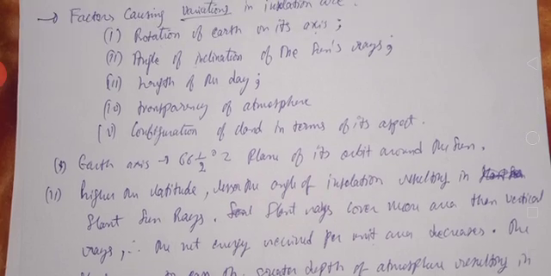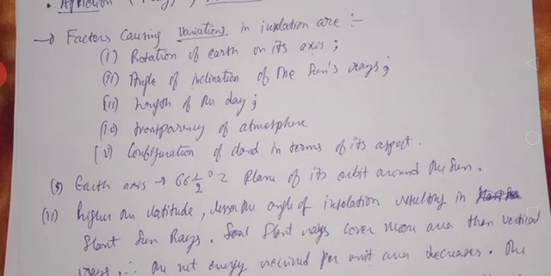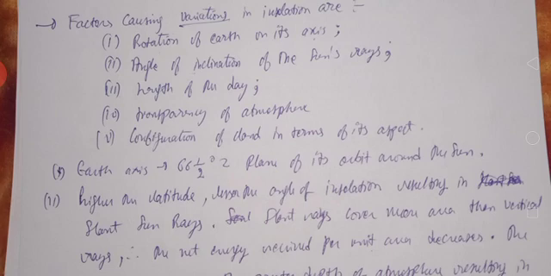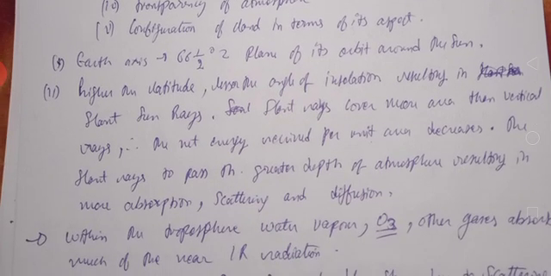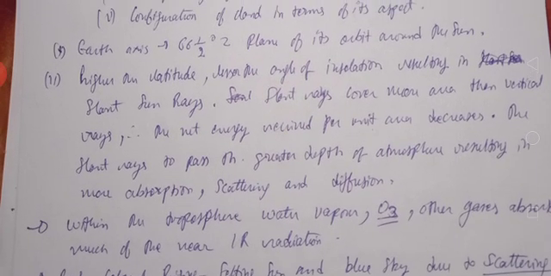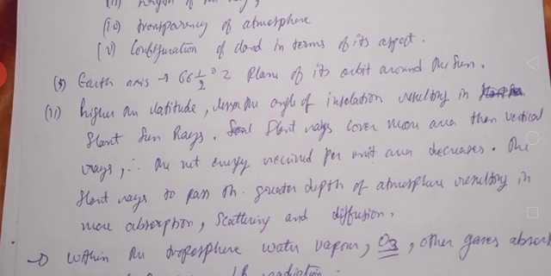Next, rotation of Earth on its axis. Earth's axis is at 66.5 degrees with the plane of its orbit around the sun.